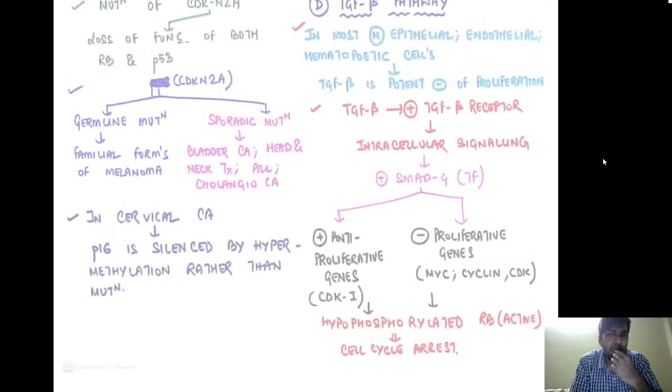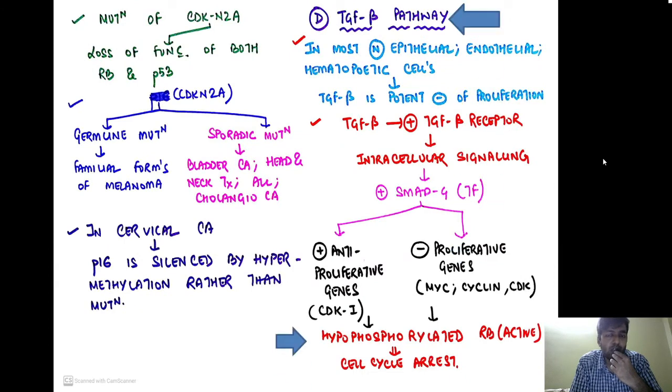Now we are going to read about the TGF-beta pathway. In most normal epithelial, endothelial and hematopoietic cells, TGF-beta is a potent inhibitor of proliferation. So how does this TGF-beta pathway work? TGF-beta is a factor that stimulates the TGF-beta receptor, leading to downstream intracellular signaling. In the signaling pathway, a transcription factor called SMAD4 is involved.